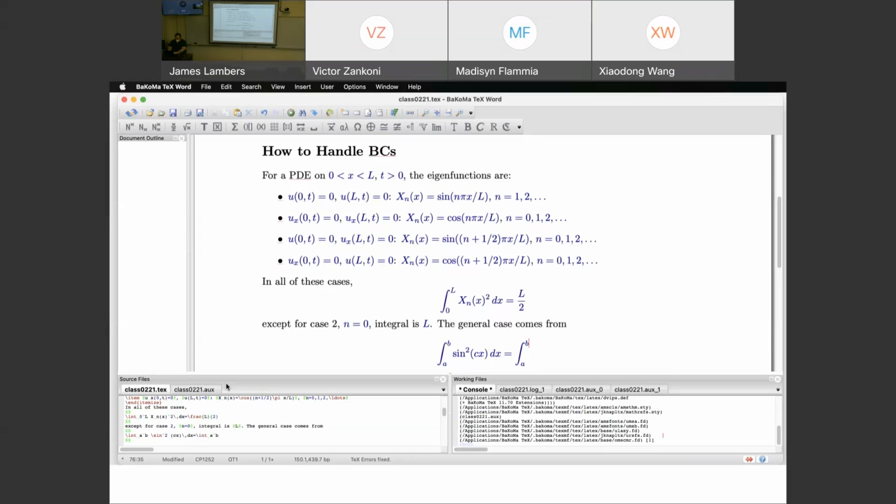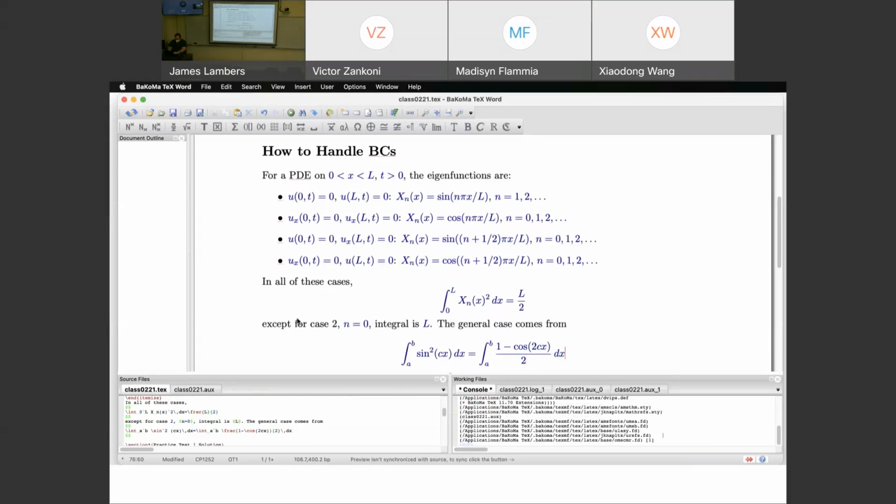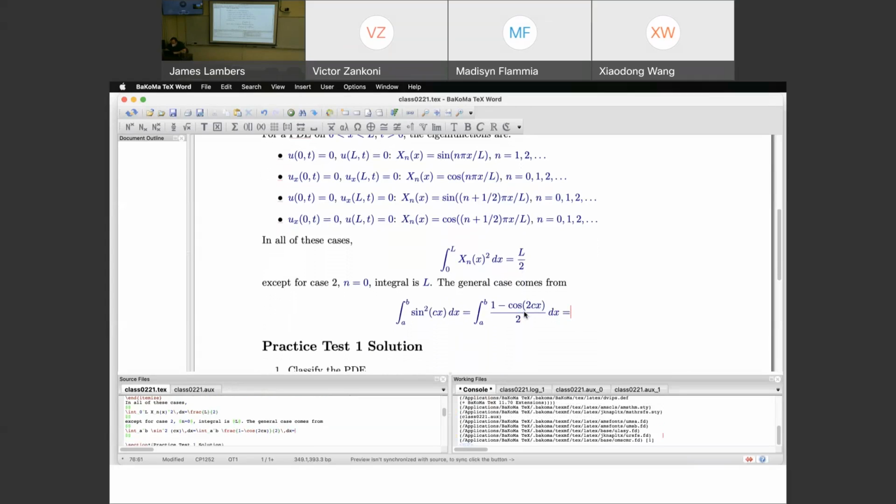To evaluate the integral, use a half angle formula, which gives you this. And from this term, you get (b minus a) over 2.